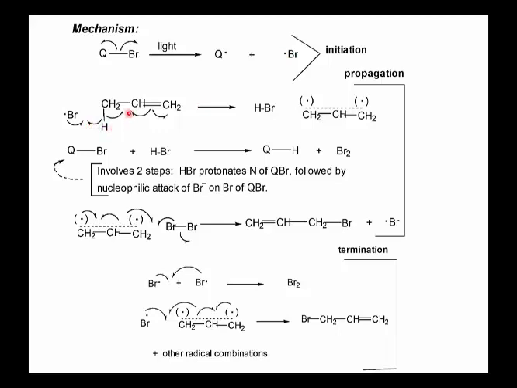Now, remember, one of the things radicals do is abstract hydrogen from a hydrocarbon. That's what the bromine atom does here. It removes this allylic hydrogen atom.